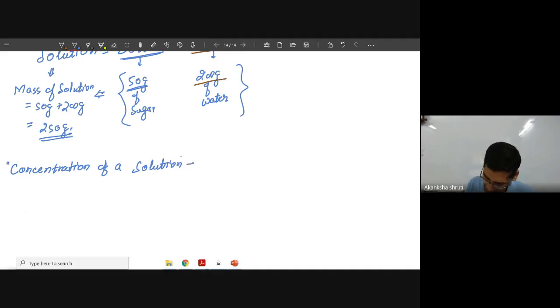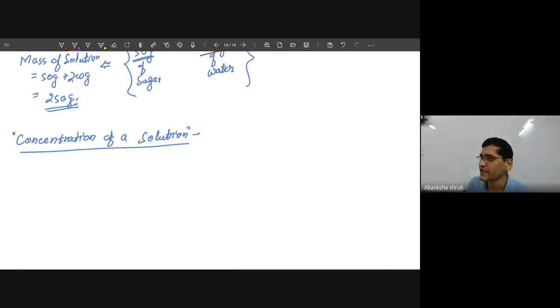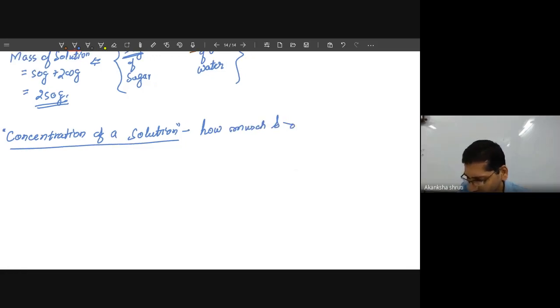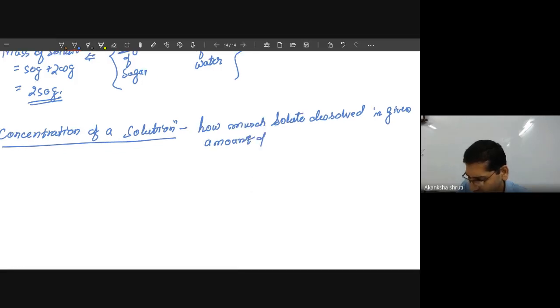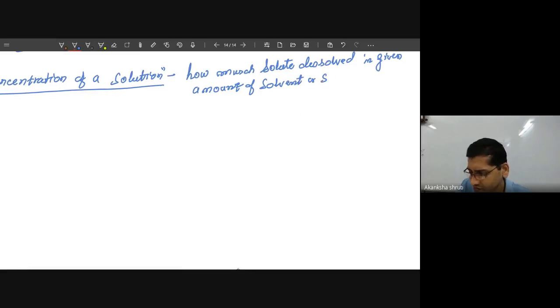What is the concentration of a solution? What is the definition? The concentration of a solution tells how much solute is dissolved in a given amount of solvent, or solution may also be taken.